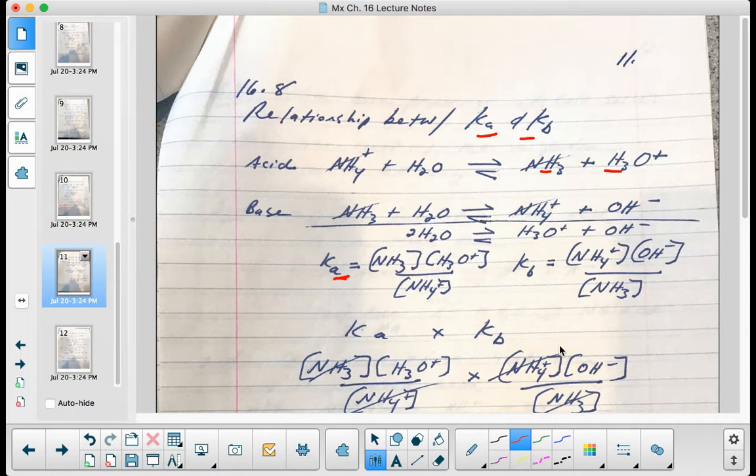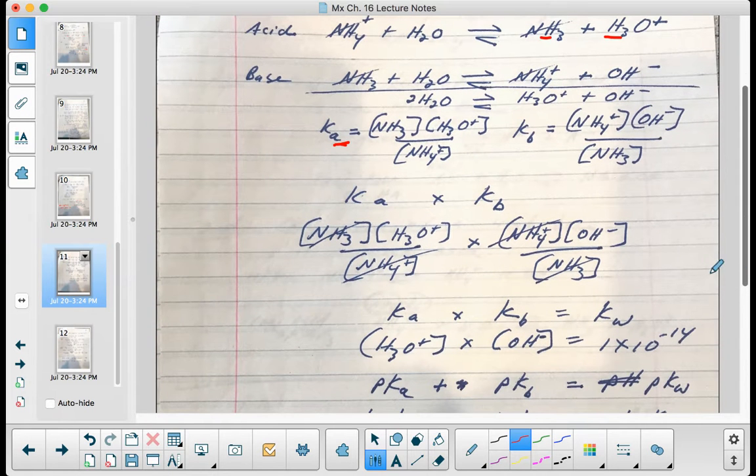So now if I look at those two expressions multiplied together, so if I take this whole expression here, the NH3 and the H3O over the NH4, and I multiply it by the expression for the Kb, I can see algebraically that the ammonium ions would cancel out, the ammonia molecules would cancel out, and so what I would have left is the hydronium ion times the hydroxide ion.